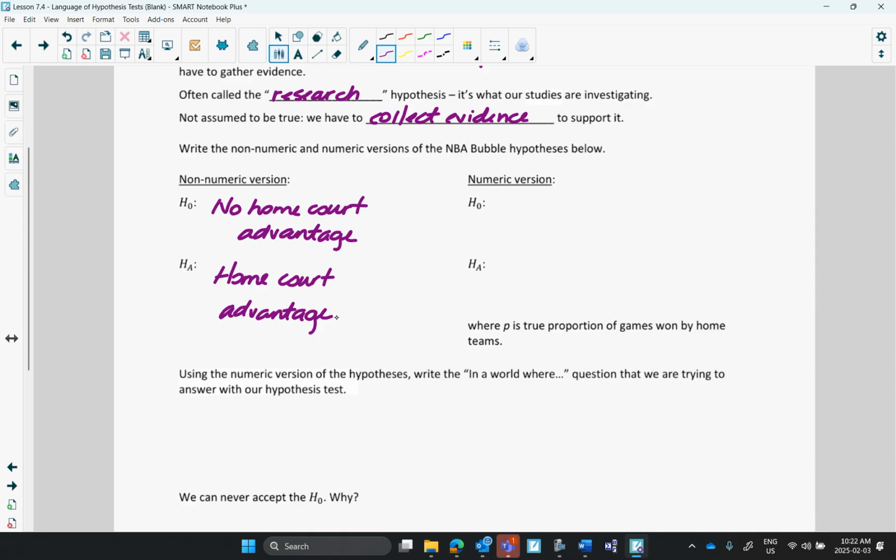We're going to use notation. Remember we said no home court advantage would suggest that a team's winning 50% of its games. So that means the proportion, not the sample proportion, the true proportion is 50%. We are trying to prove the alternative, that there is a home court advantage, which means the proportion of wins must be greater than 50%.